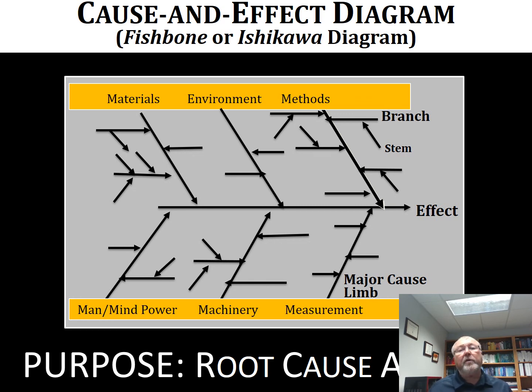It could be the political climate of the organization. But these are just generic categories, and the idea is that everything that you see on there except the effect represent potential causes of the effect, some of which are probably very real, some of which probably only occur very, very rarely or maybe never.